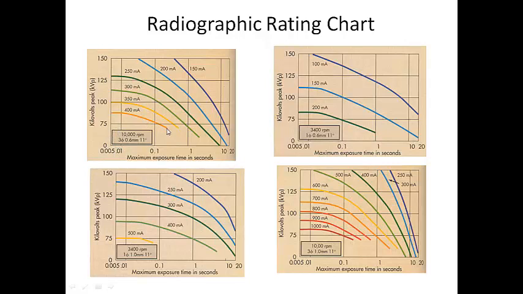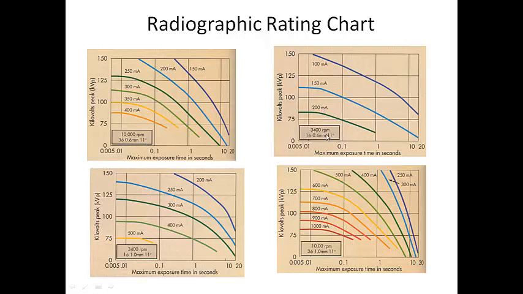The difference between one chart and the other, we can see at the bottom of the graph. For example, this one has 10,000 rotations per minute, 3-phase anode, focal spot 0.6 mm, and the angle is 11 degrees.